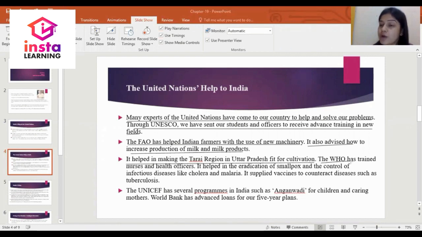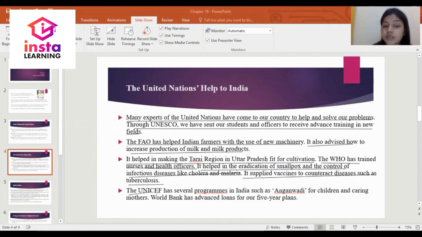The WHO, the World Health Organization, has trained nurses and health officers. It helped in the eradication of smallpox and control of infectious diseases like cholera and malaria. It supplied vaccines to control diseases such as tuberculosis.